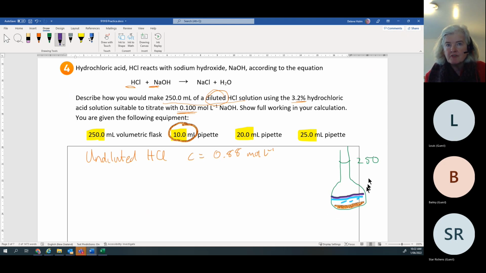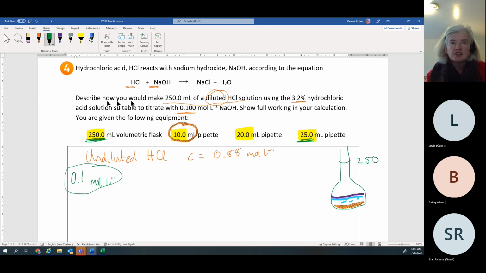Now, what will be my final diluted solution, where it's going to be as close to 0.1 mole per liter as possible? Because that's what my sodium hydroxide is. So I want my HCl diluted to be as well. Yep, 25. Because can you see 25 is 1/10 of 250.